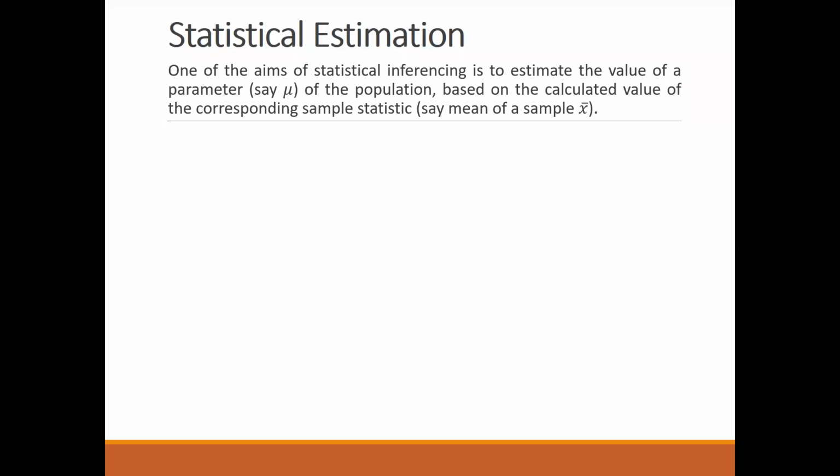That means using the sample mean, I'll be trying to estimate the population mean. So there's a reference between these two. Now, there are two techniques which I can implement while performing statistical estimation, for example, of the population mean.